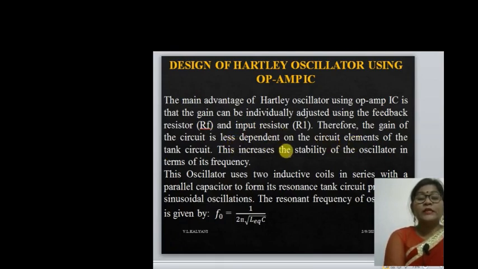This increases the stability of the oscillator in terms of its frequency. So you can design the Hartley oscillator using op-amp, which provides better gain and stability. You can also design the Hartley oscillator using FET, transistor, etc.